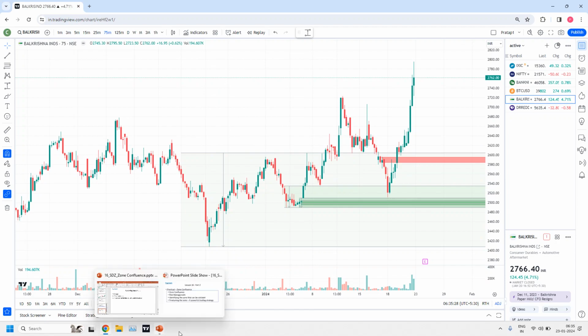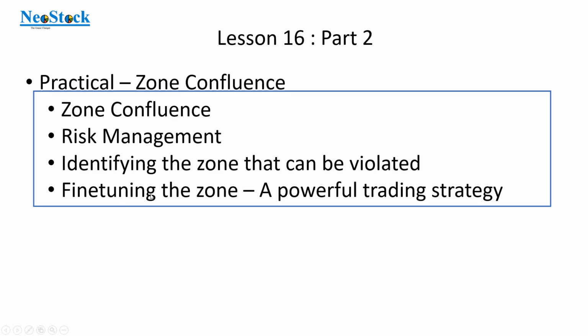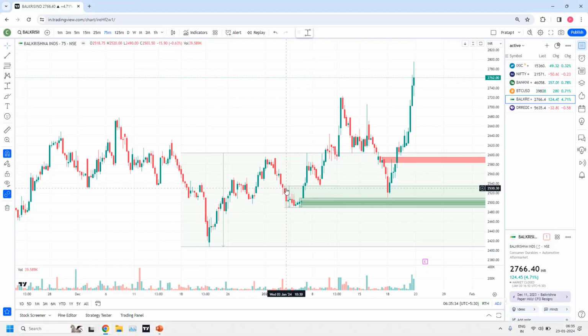Whatever trading strategy I am saying, fine tuning the zone, at least a minimum of 3 zones you have to look for: HTF, ITF and LTF. Your LTF zone should be inside the ITF zone, and the ITF zone should be inside the HTF zone.